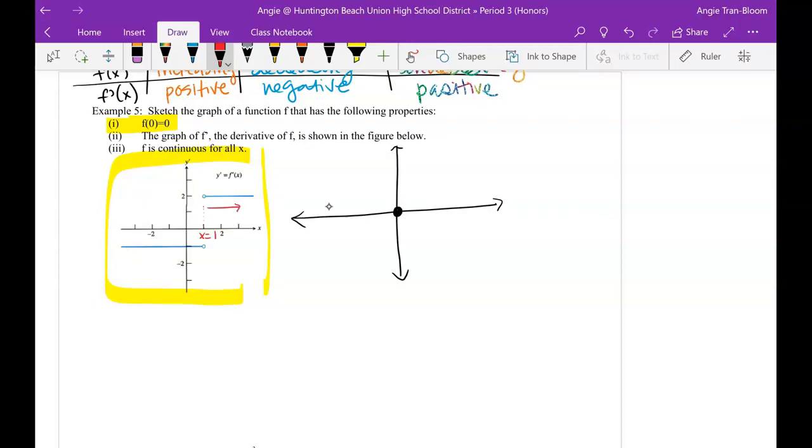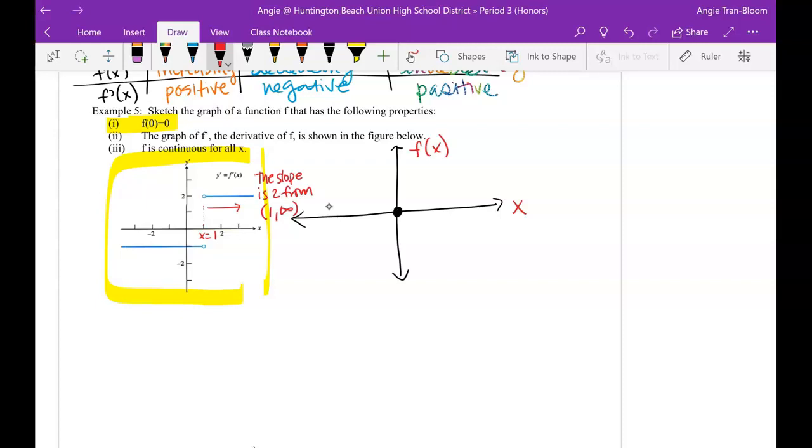This is how you read it: the slope is 2 from 1 all the way to infinity. How does that affect your f of x function? Let's label this. You have to label because I don't know what you're trying to graph. Just like the previous example, where we were graphing f prime, now we're going backwards. We are trying to graph f of x.